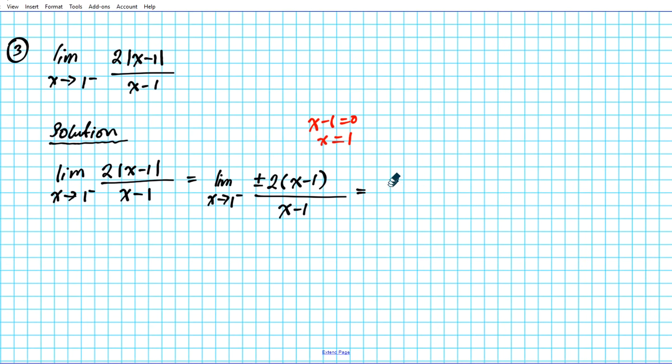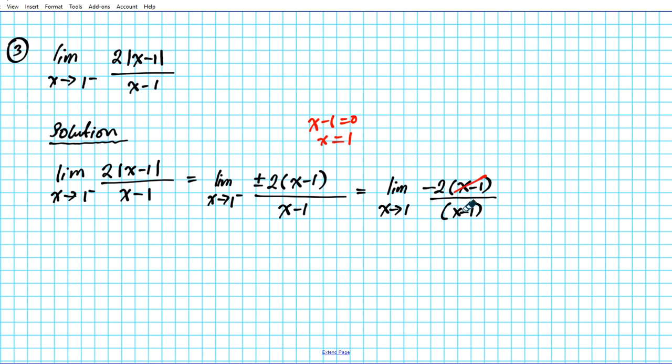So we're going to have the limit as x approaches 1 of negative 2 times x minus 1 over x minus 1. If we were approaching from the right, we'd pick the positive sign. So for absolute value scenarios, if you're approaching the switch in the subdomain, just follow the direction. Left is negative and right is positive.